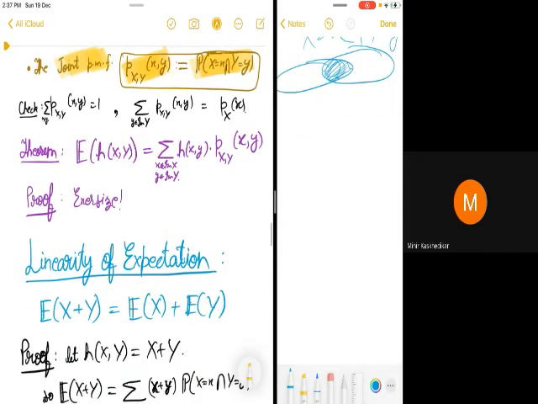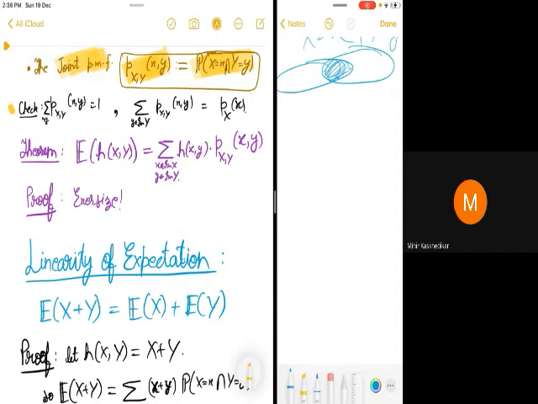Now you can easily check that the sum of the joint probability mass function over all x and y is 1. This is because the joint probability mass function is just the probability that X and Y take some values small x and small y.